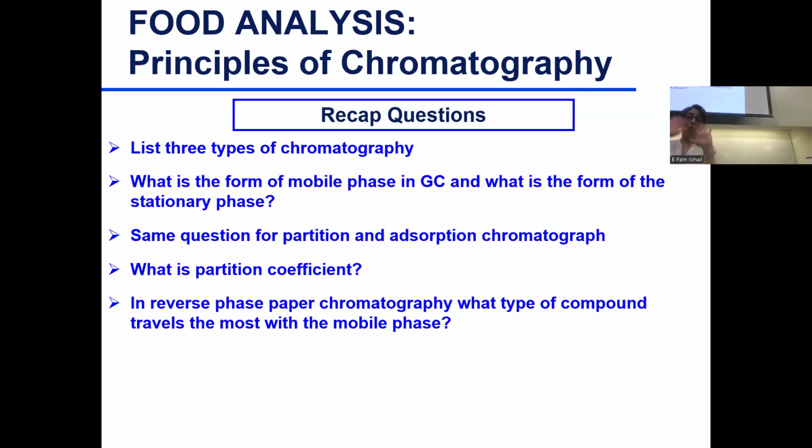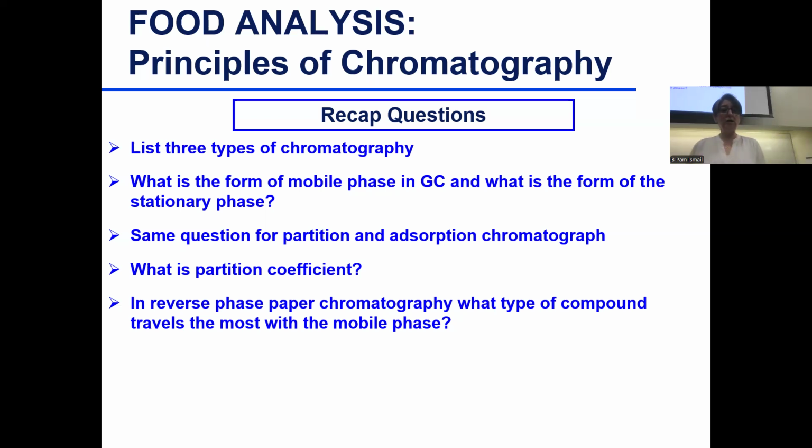Always remember this: it's distributing itself, but since it's liquid to liquid, we call it partitioning. It is the constant at equilibrium, the concentration in the mobile phase of the solute relative to the concentration in the stationary phase. It's very important that this is at equilibrium. When we reach equilibrium, we get a partition coefficient that is constant.